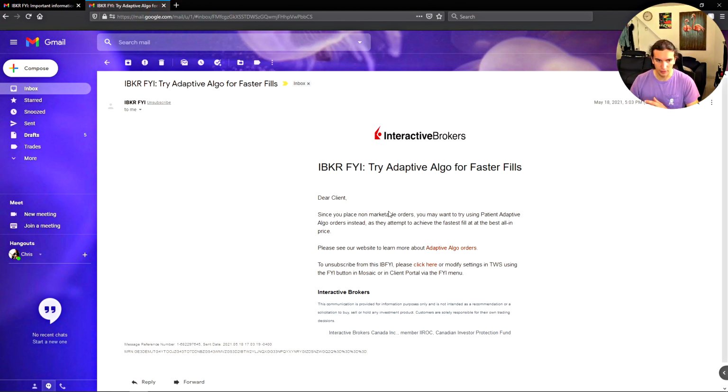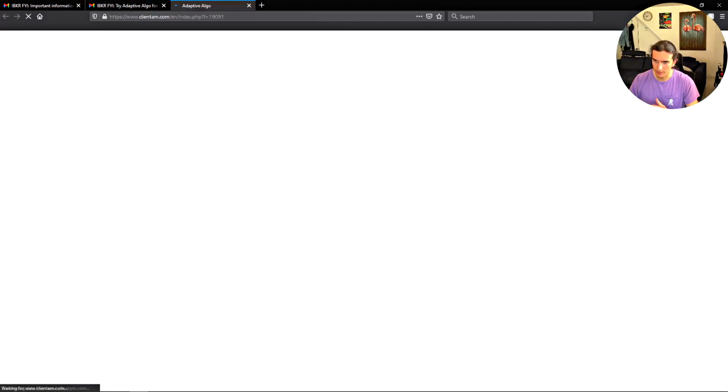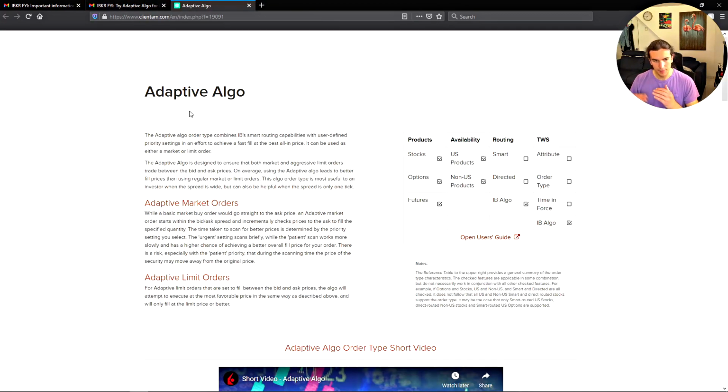So what the adaptive algo does, to my understanding, we can even go to the page here, is it will scan across the bid offer spread for best available fill in the shortest amount of time. But it's still a market order. Now, within that time window that you selected, either patient, regular, or fast, they have the opportunity to scalp a few ticks off of it.